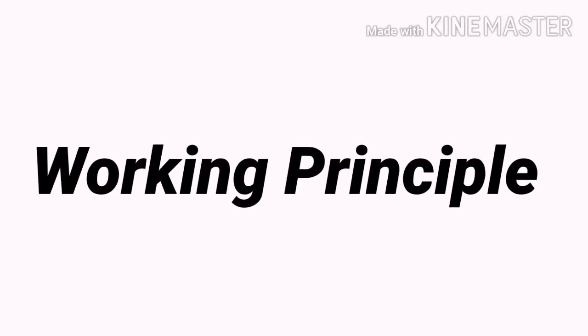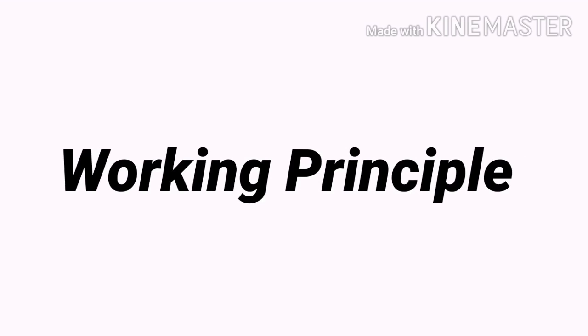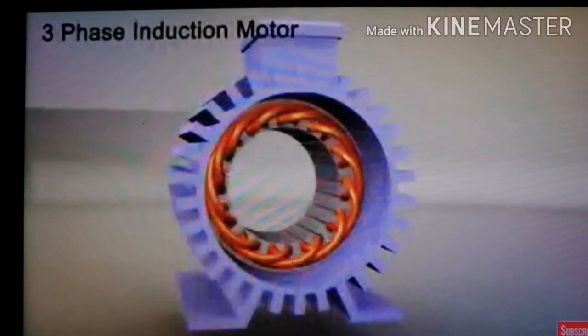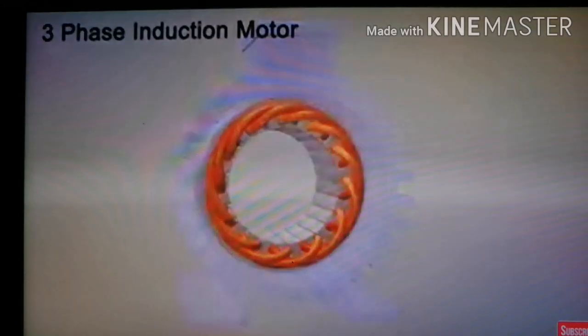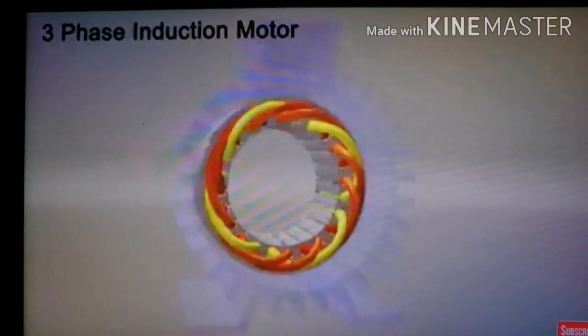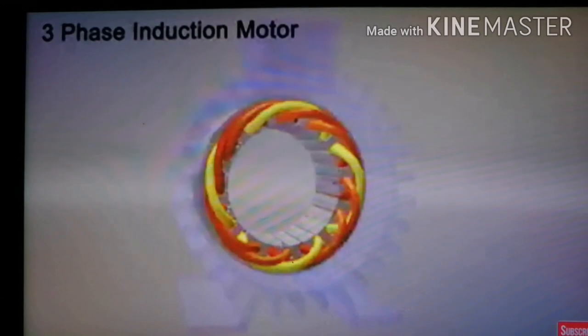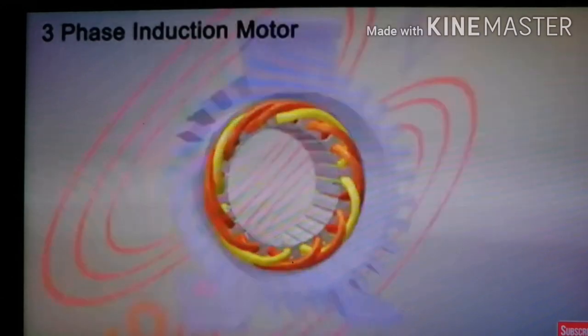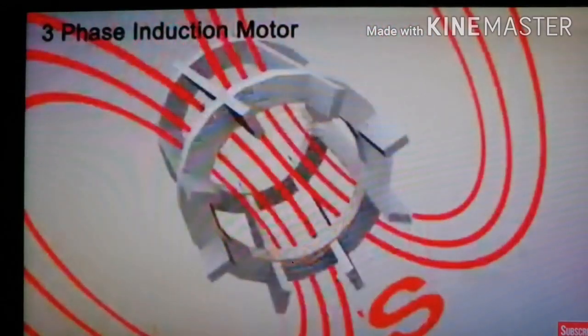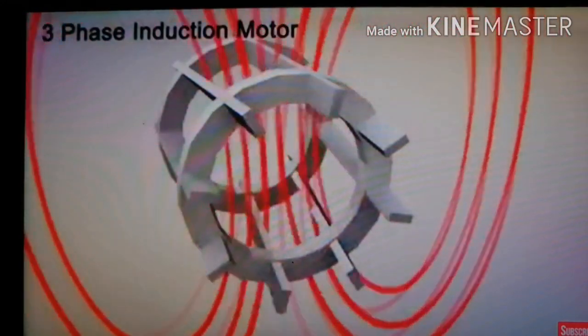Now the working of the three-phase induction motor. When three-phase supply is given to the motor, the resulting current generates the flux phi. Due to the switching sequence of the three-phase supply, that is R Y B, there is a rotating magnetic field which rotates around the rotor conductors.